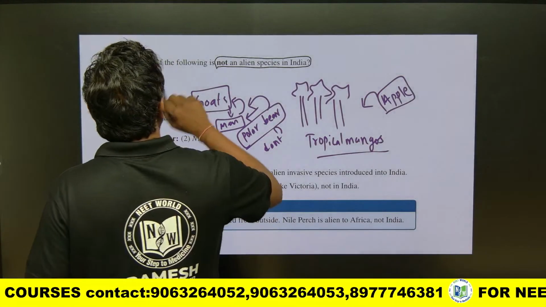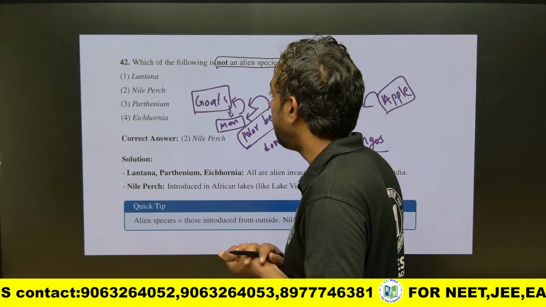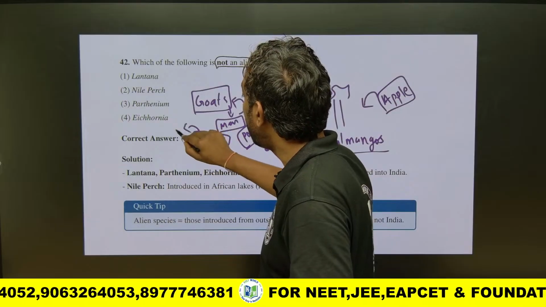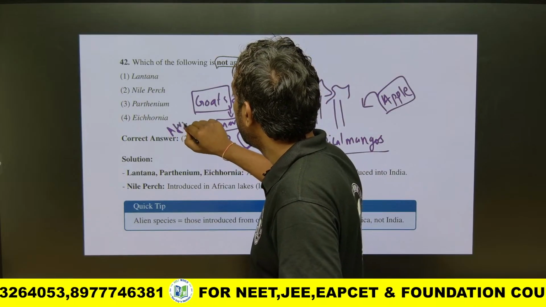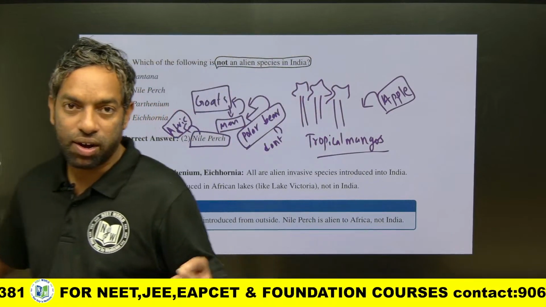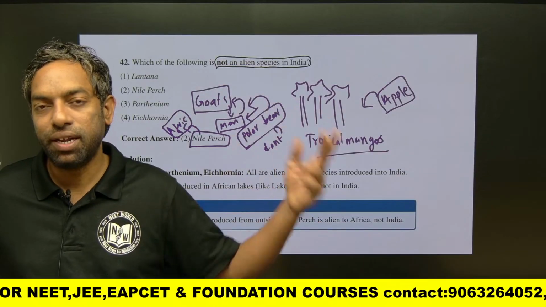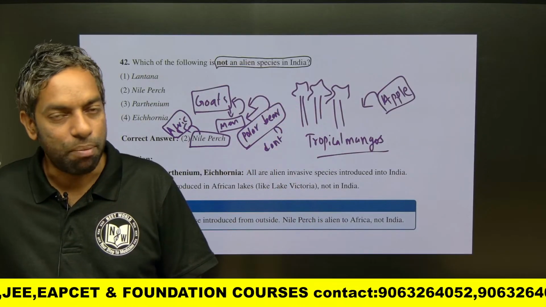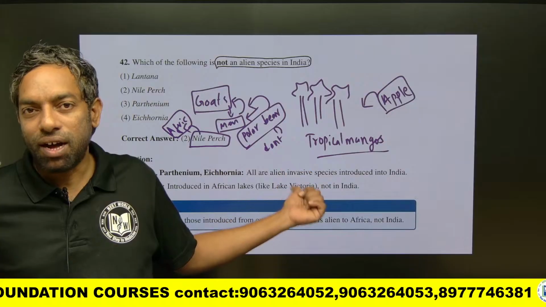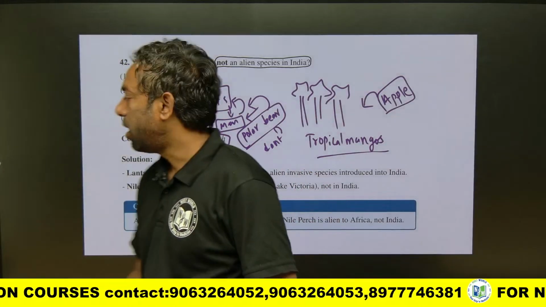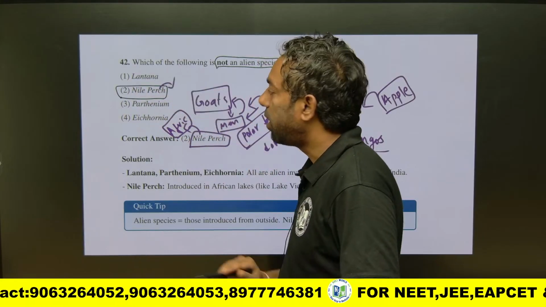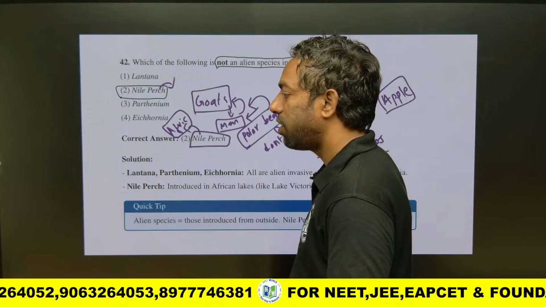So, which of the following is not an alien species in India? Nile perch. The Nile is a river in Africa, the longest river in the world; the largest river is the Amazon. So the Nile is an African river, and this is actually an exotic of Africa, meaning an alien species of Africa.